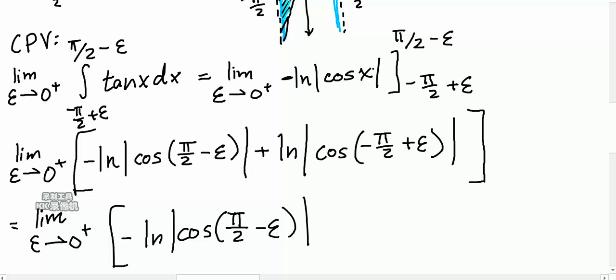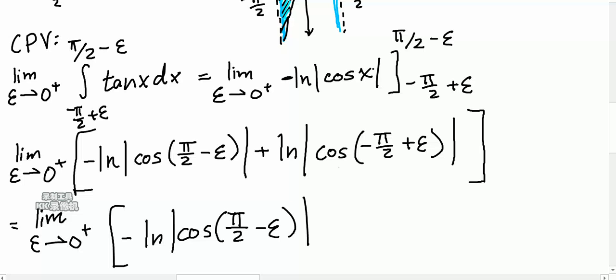Now here's the deal. Cosine of pi by 2 is going to be 0. So for this part, as epsilon approaches 0 plus, pi over 2 minus epsilon is going to approach pi by 2 from the left, which means that cosine of this input is going to approach 0 from the right, which means this ln is going to be negative infinity, but then you have a negative in front, so it's positive infinity.